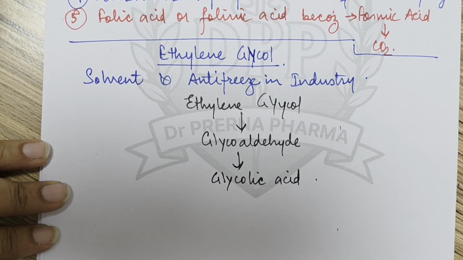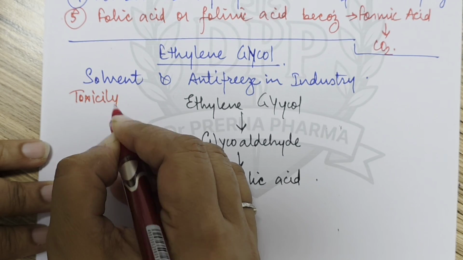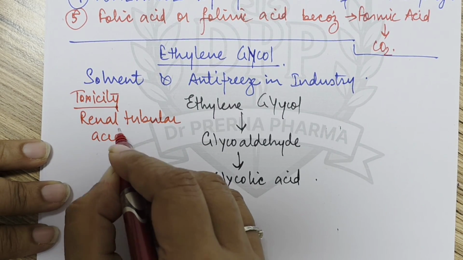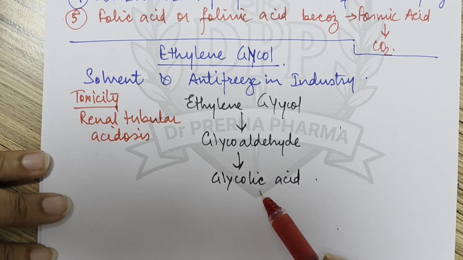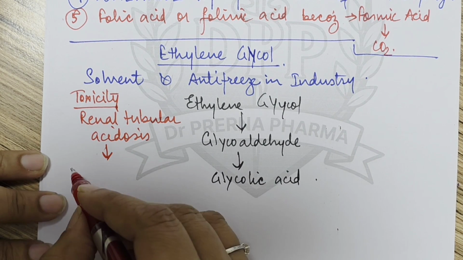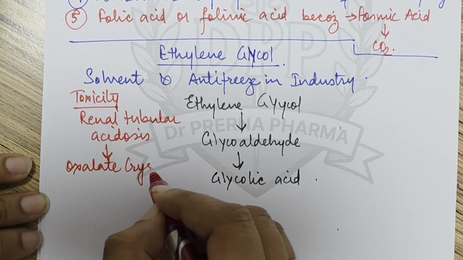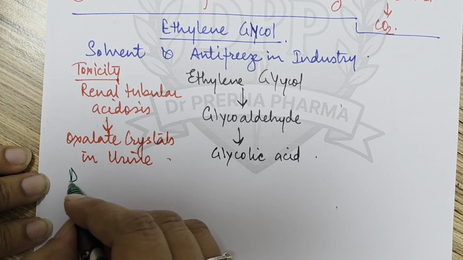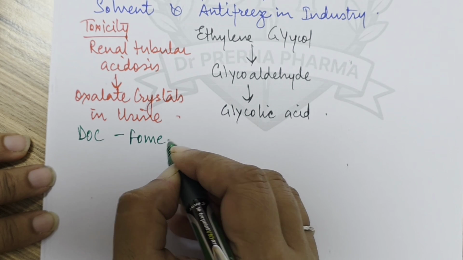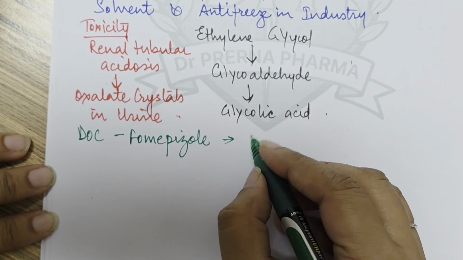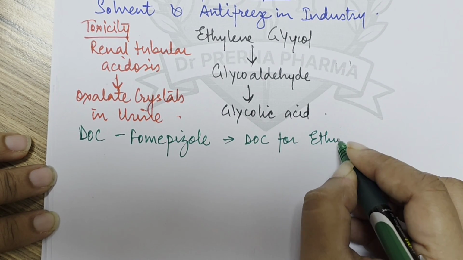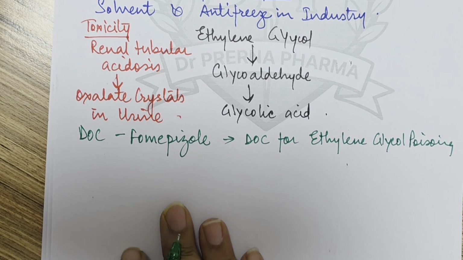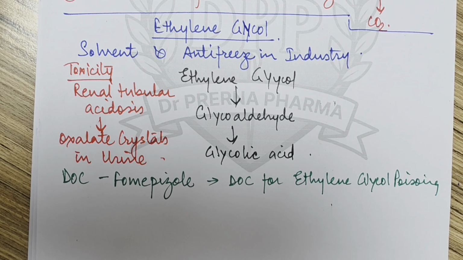So toxicity happens, and what is the toxicity? Then it causes renal tubular acidosis. This glycoaldehyde and glycolic acid, they cause renal tubular acidosis, and there is excretion of oxalate crystals in urine, right? So again, the drug of choice here is fomepizole. This is the drug of choice for ethylene glycol poisoning. Okay, so this is about ethylene glycol. Next, let's see the opioids.